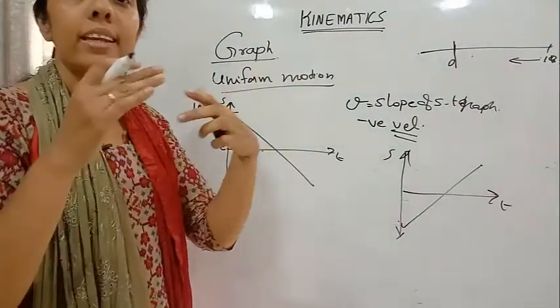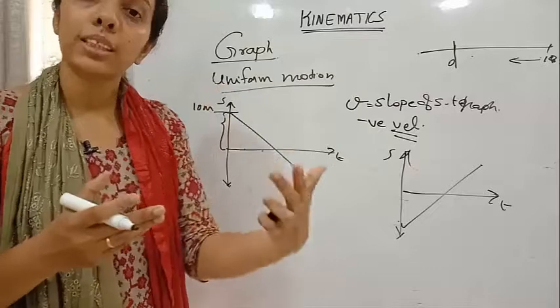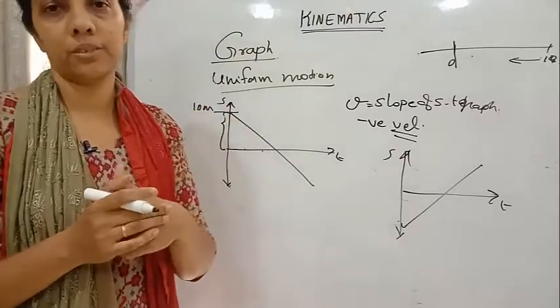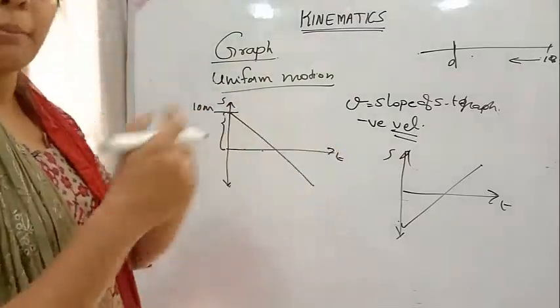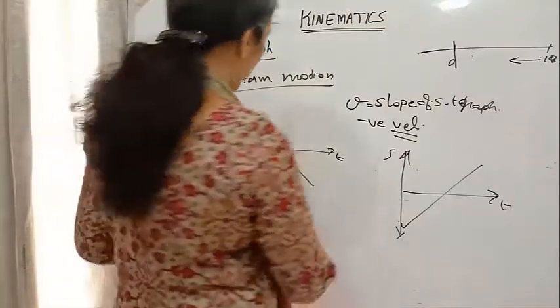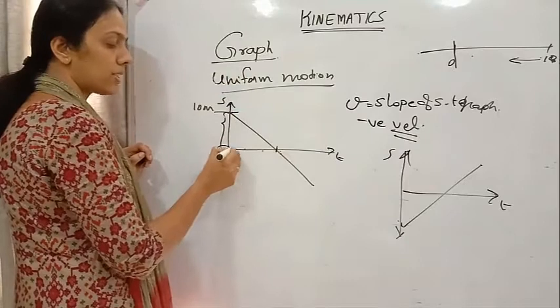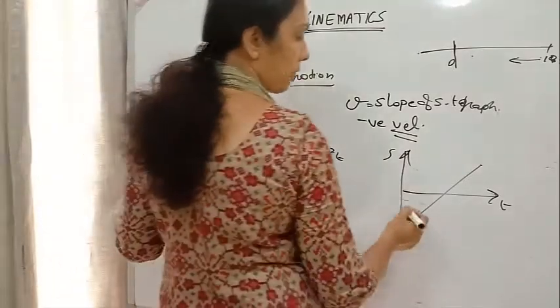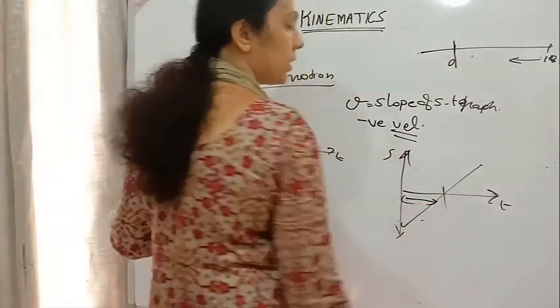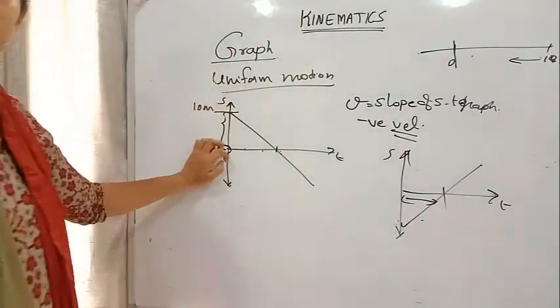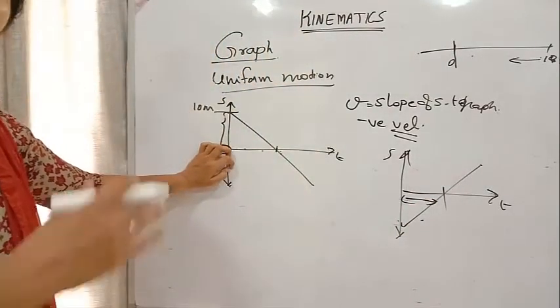Negative velocity means the object is moving in the opposite direction. It is coming towards the origin after a particular time interval. Here also the object is coming to the origin, to 0 displacement. Then again it is increasing.